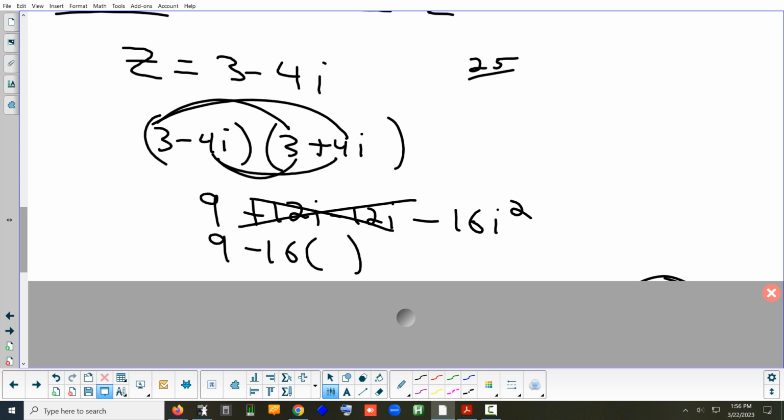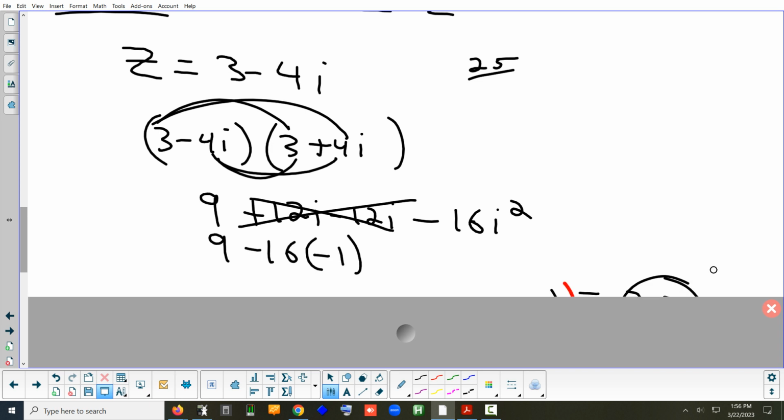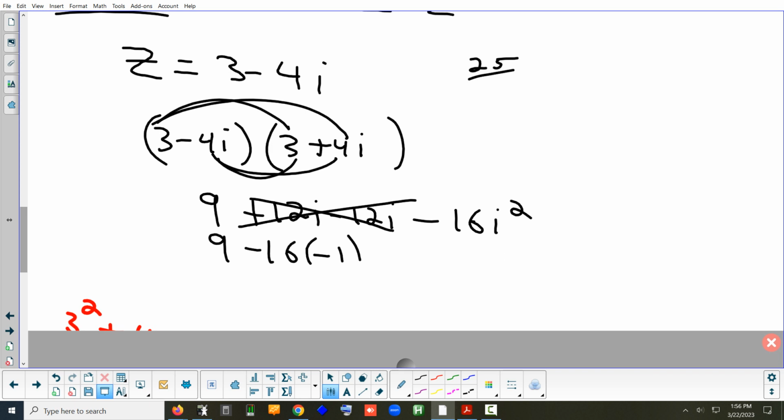But what's i squared? Negative 1. Now we've got 9 minus, what's 16 times negative 1? Negative 16. And then because we have 9 minus negative 16, that's how we get 25.